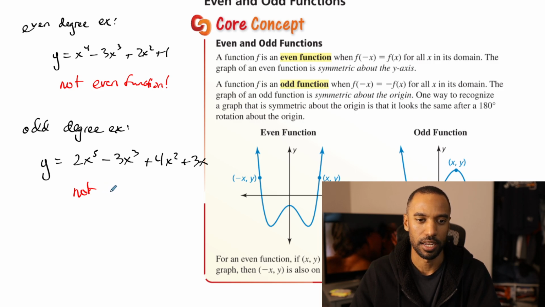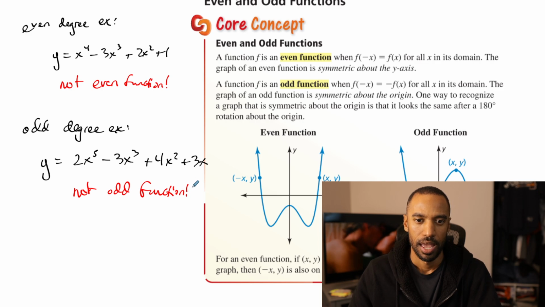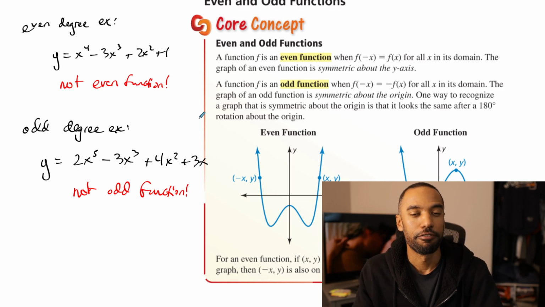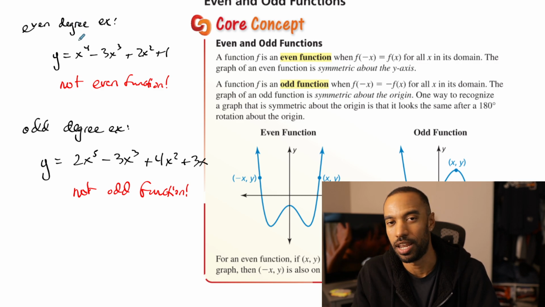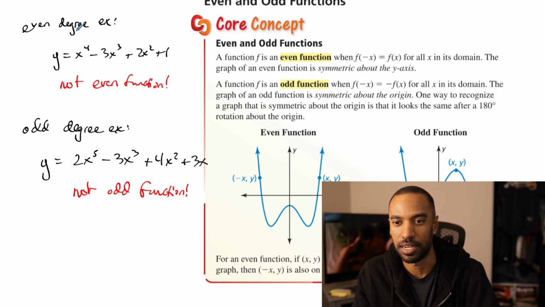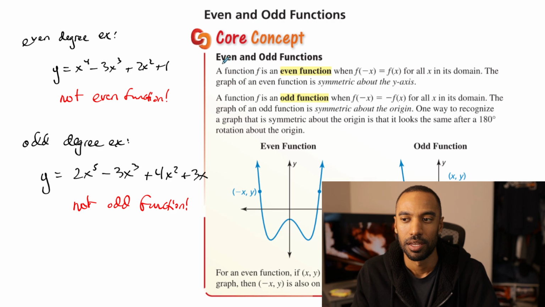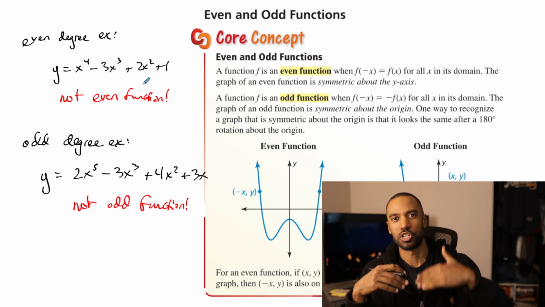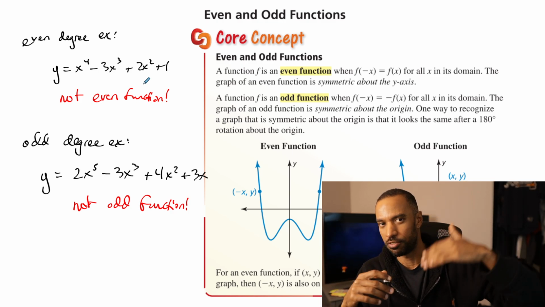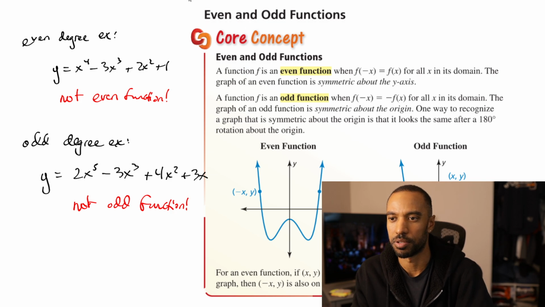Now, before I move on into what these things actually are, every even function is even degree, and every odd function is odd degree, but not vice versa. I guess I'm saying the phrasing wrong. Not every even degree function is an even function, right? Every even function is even degree. There we go. Every odd function is odd degree, but not vice versa.